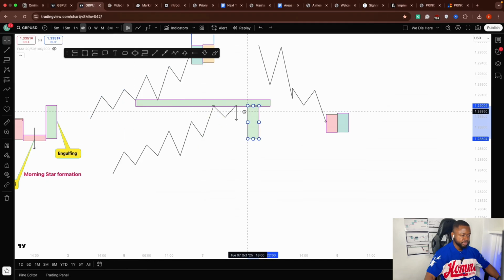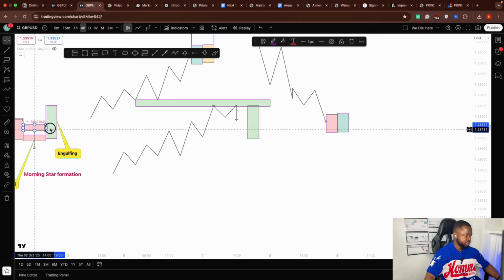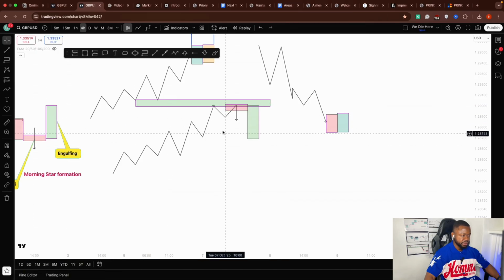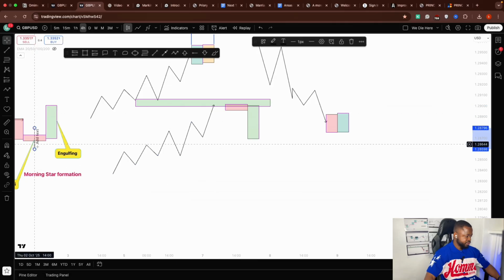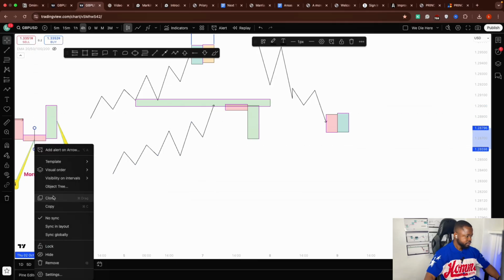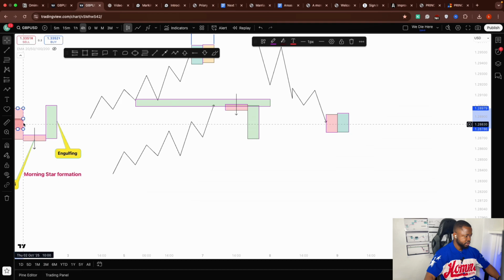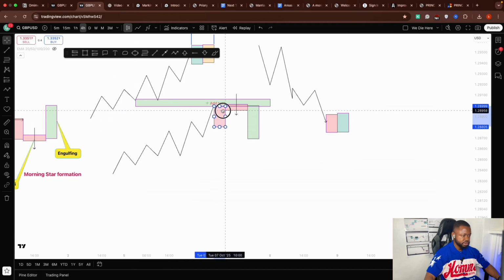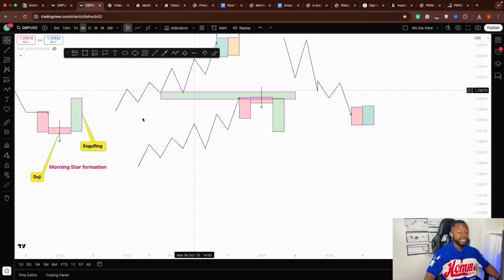Let's push this here. Now let's clone this. Let's bring this here. Let's take this out. Let's clone this, bring this here. We clone this and bring this here. So remember, this is a doji, this is a normal candlestick, and this is an engulfing candlestick. That's what makes the evening star.